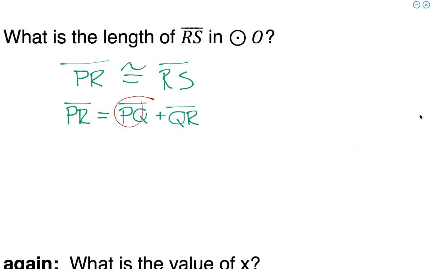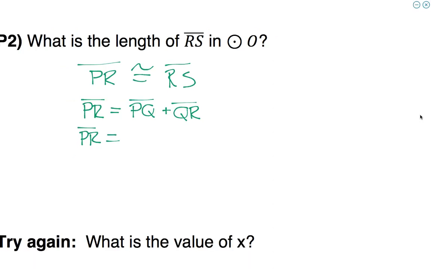So basically, these are the same thing. So we can say that PR equals 12.5 plus 12.5, which is 25. So RS equals 25.